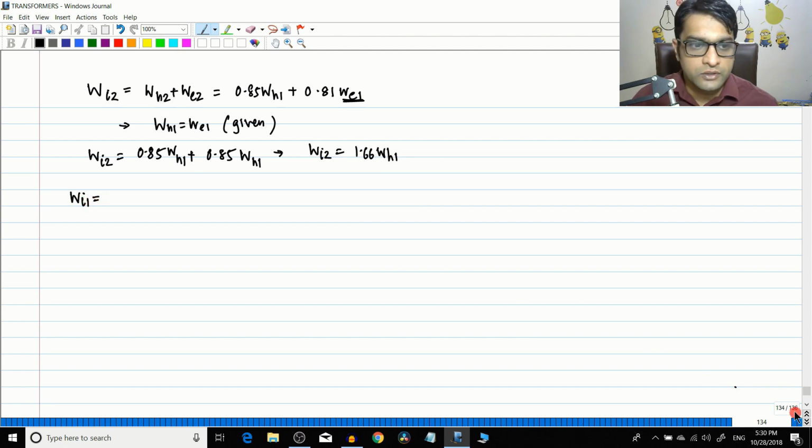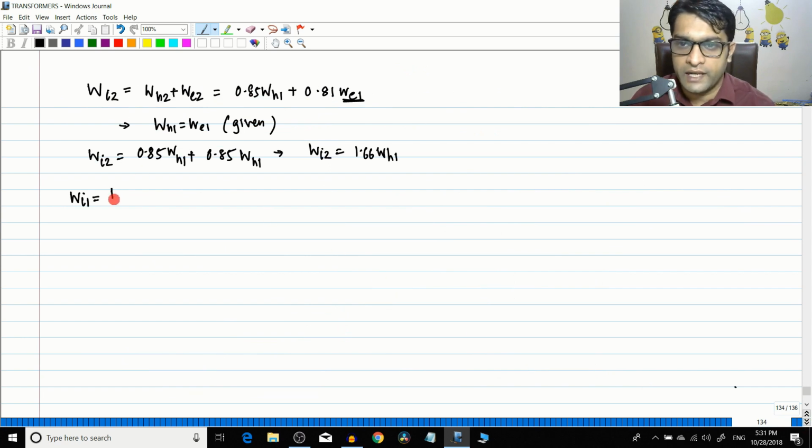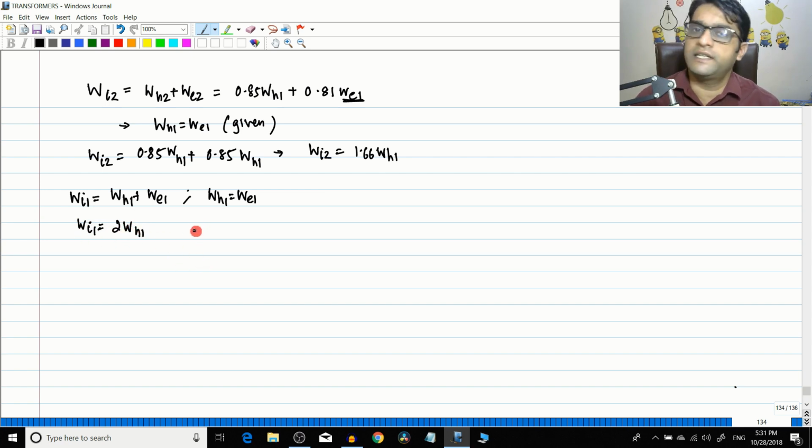You saw that Wi1 is equal to WH1 plus WE1, but it is given that WH1 is equal to WE1. That means Wi1 will be equal to 2 times WH1, right? So we have everything in terms of WH1, so it will be easier to solve the problem.